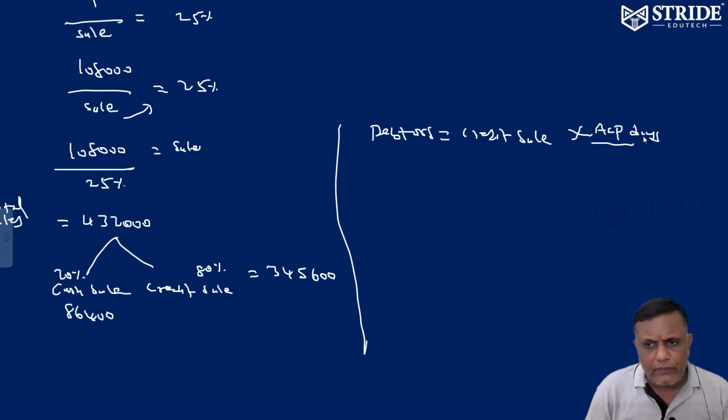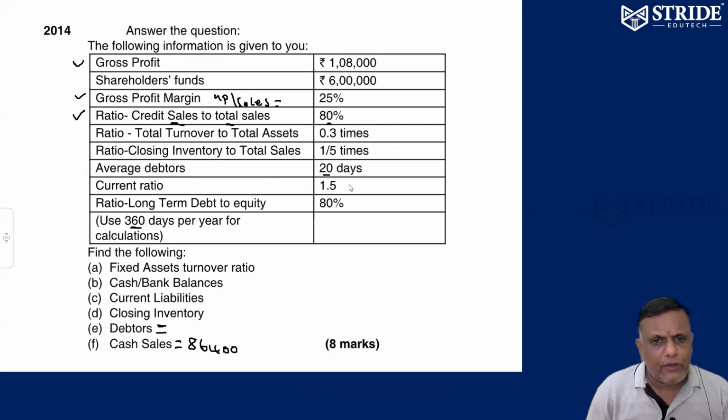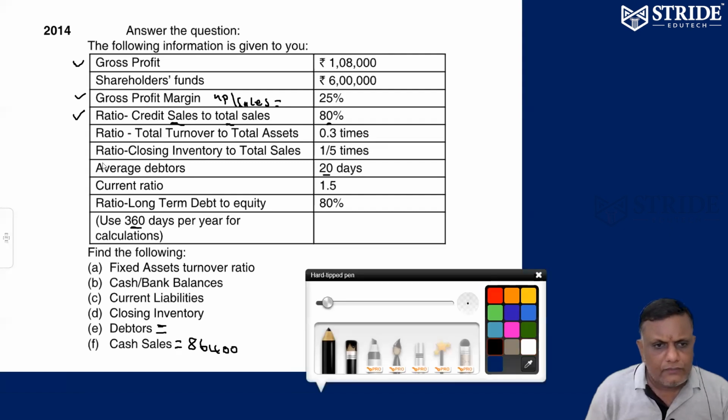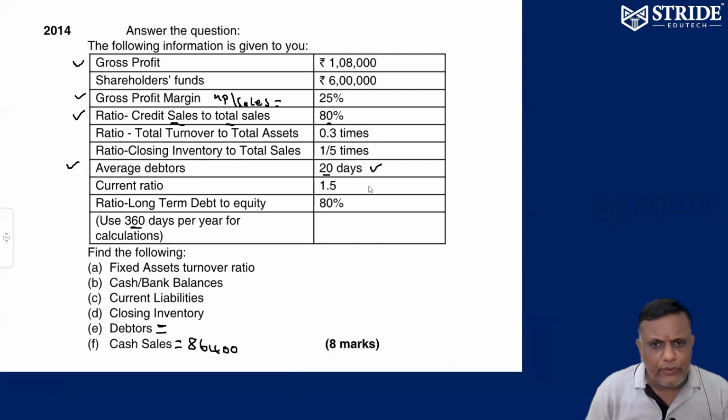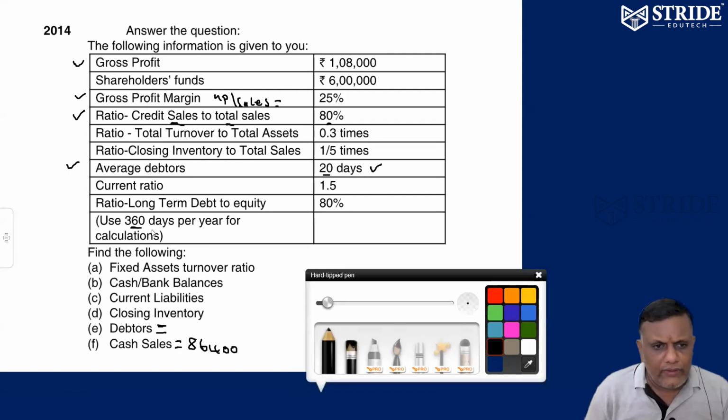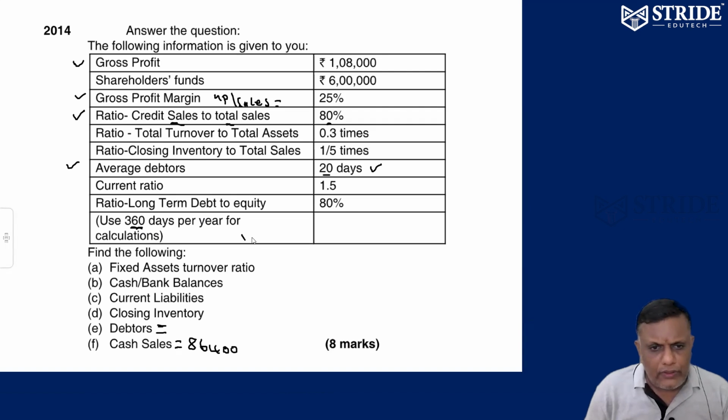So credit sales I already know that is going to be 3,45,600. Average collection period is equivalent to 20 days. 1 year is equivalent to 360 days.